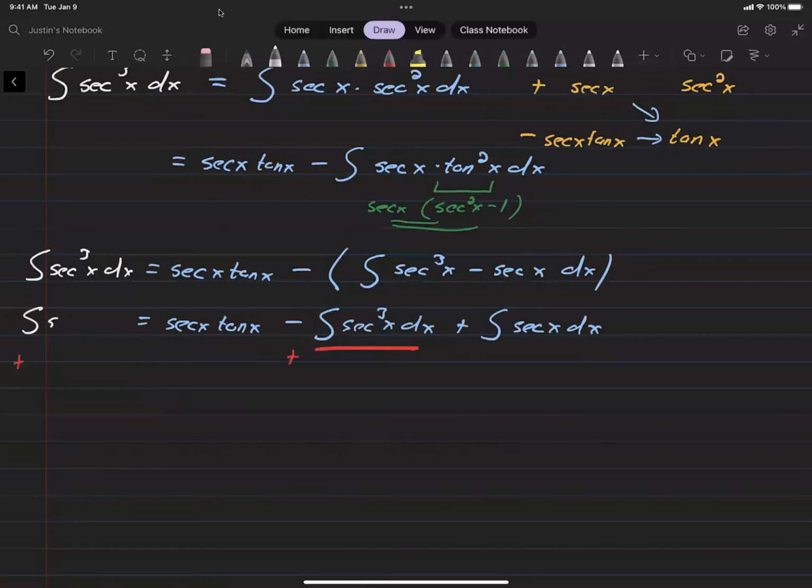Remember over here we had secant cubed x. So when we add that, I'll end up with 2 integral of secant cubed x. Now on the right, I'm just going to have secant x tangent x. This guy is now gone because we added him. And the integral of secant x, well, we know that one. That's going to be plus natural log of secant x plus tangent x.